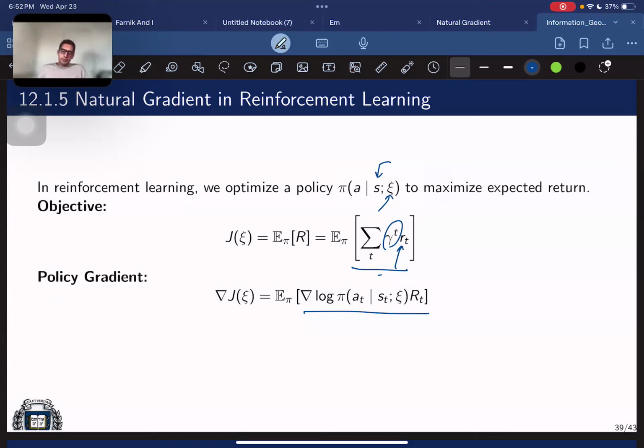Other applications of information geometry in machine learning are reduced to understanding different algorithms via the perspective of information geometry. For example, you are optimizing a neural network, then you take a look at your optimization path, and then you can visualize it via information geometry, and it gives you a better understanding.